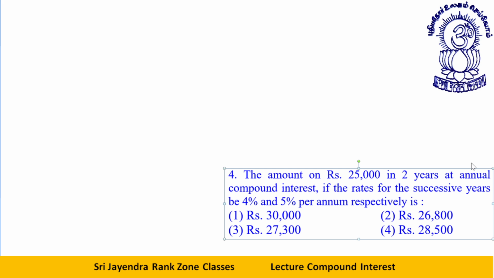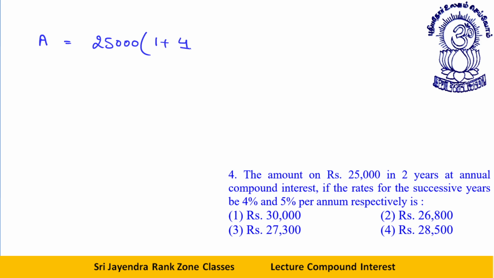Try it before I do. Should I solve it? The amount on rupees 25000 in 2 years at annual compound interest if the rates for successive years be 4% and 5%. Look, amount is, first of all, this is the principal.